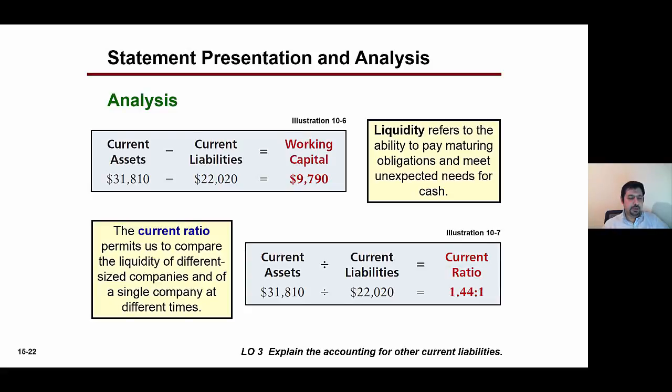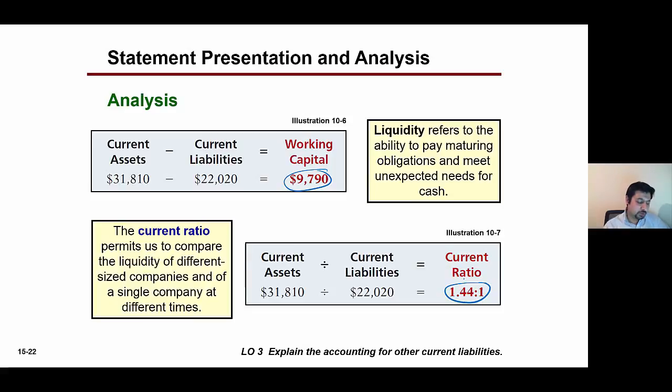And like we said, because the current ratio provides us with relative information, it can be used to compare the liquidity of companies with different sizes. So in this case, instead of looking at the number in absolute value, we are looking at a ratio.